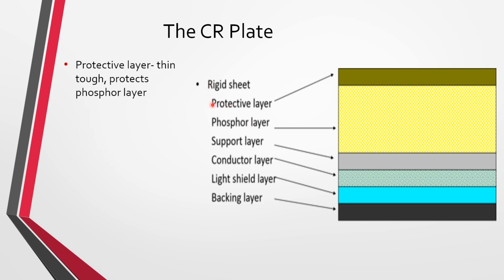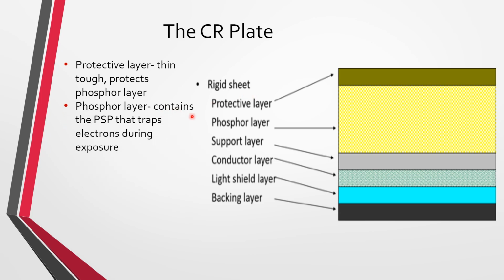There's a protective layer, which is thin and tough, and it protects the phosphor layer below it. The phosphor layer contains the PSP that traps electrons during the exposure. The support layer, which is a semi-rigid layer, gives the imaging sheet some strength.